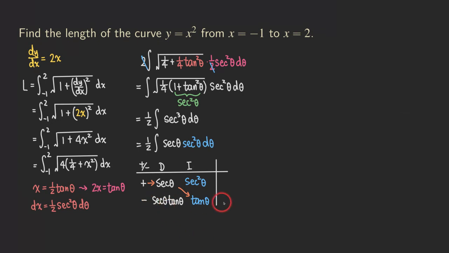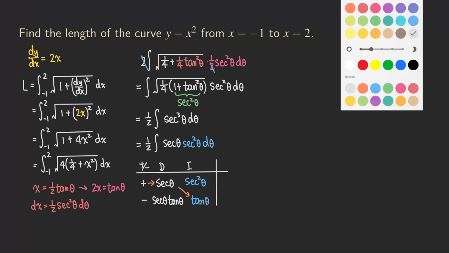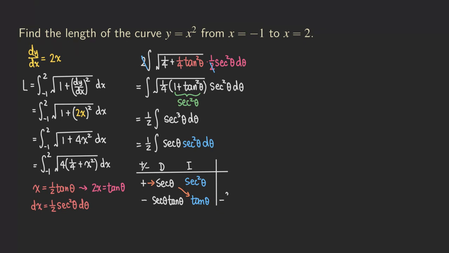And by the way, we also need to multiply all this stuff together to get whatever that we have here, right? So you are going to be getting negative integral, right? Because that's coming from this minus sign here. Secant theta times tangent times tangent. So you're going to get secant theta and then tangent square d theta here. Yeah, so that's the integral that we are getting. But because I need to keep track of the space, I'm just going to put it down here.